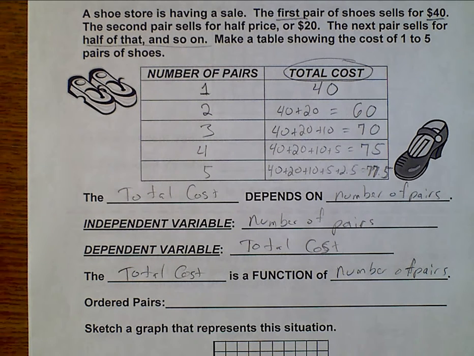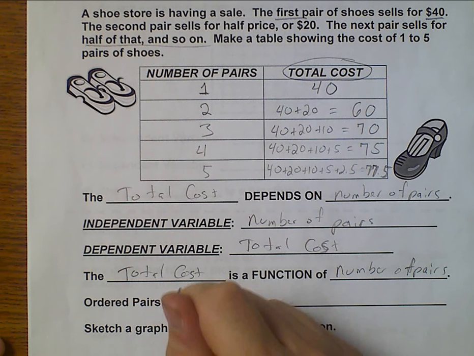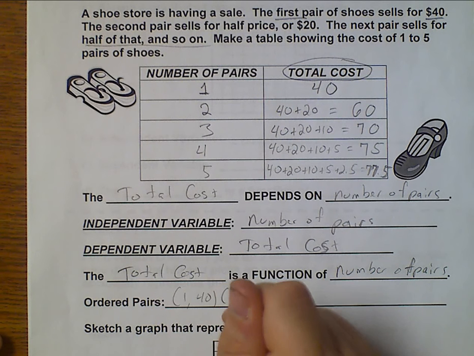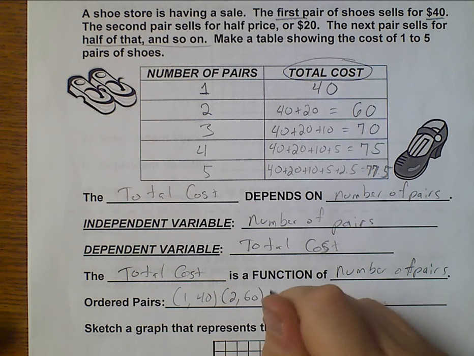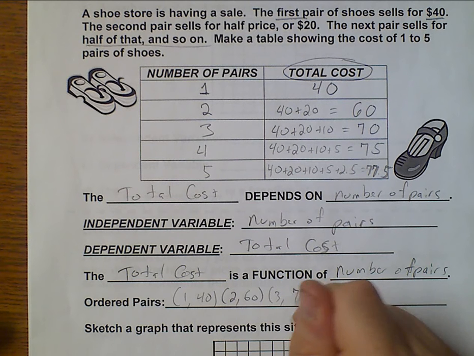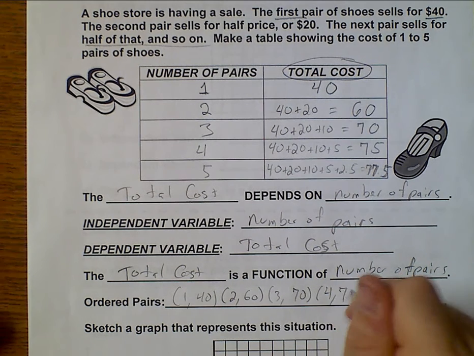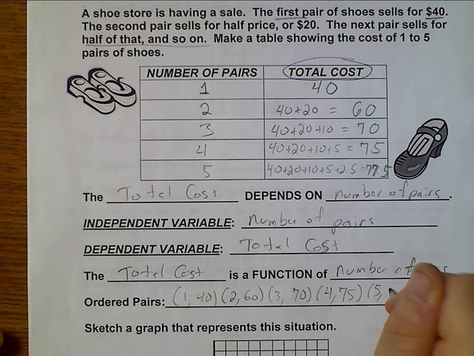And now we have our ordered pairs of (1, 40), (2, 60), (3, 70), (4, 75), and (5, 77.5).